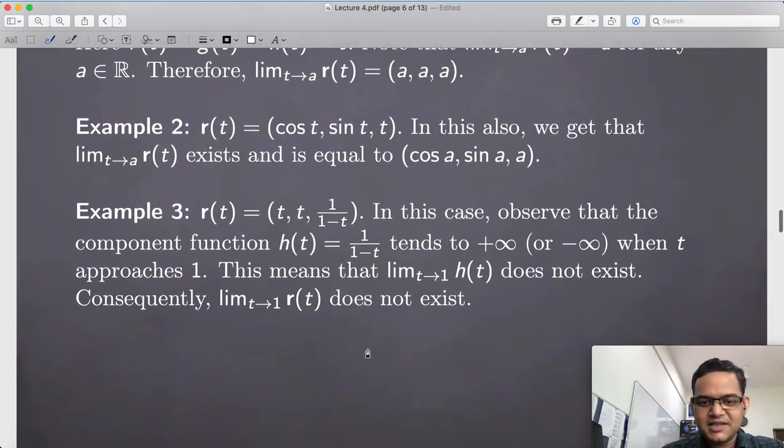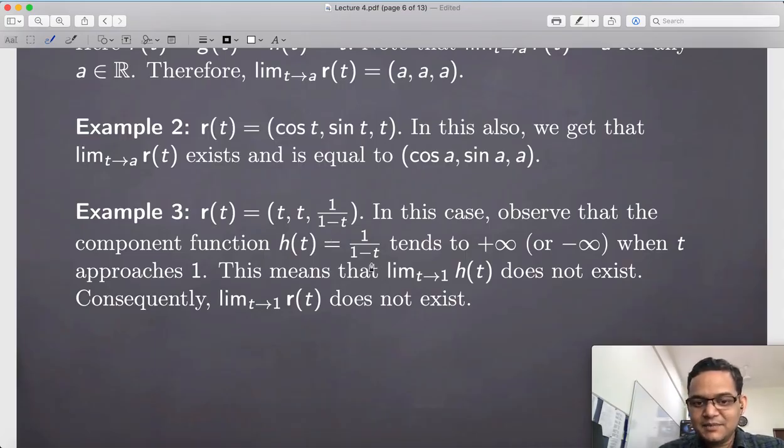Now the third example here is an extra one. The first two functions are fine, f(t) equal to t and g(t) equal to t, but h(t) is 1 over 1 minus t. Now all of you know that as t goes to 1, there is going to be a problem. When t is approaching 1, in the denominator I am going to get a number closer and closer to 0, so it's going to blow up.